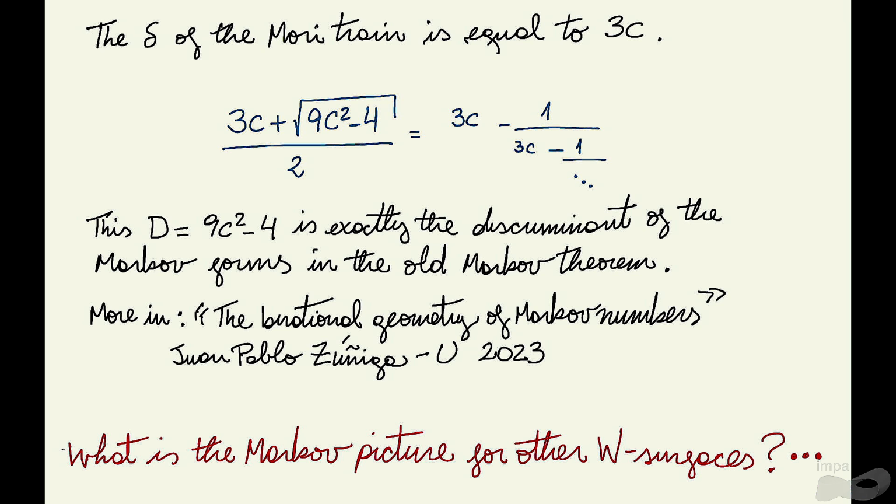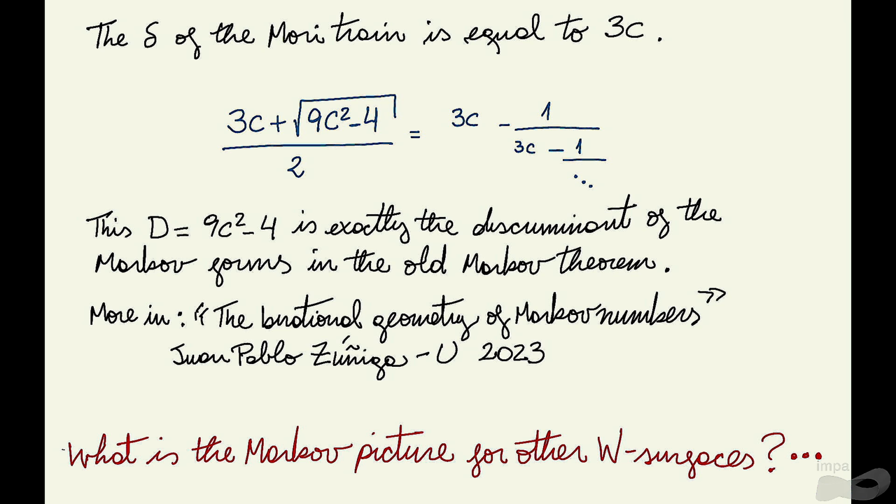So I started this with a Markov theorem, like 130 years ago. And that Markov theorem is about quadratic forms. And then he has to define these particular forms that correspond to Markov numbers. So you have a particular form, and the discriminant is exactly this number. And there is much more.